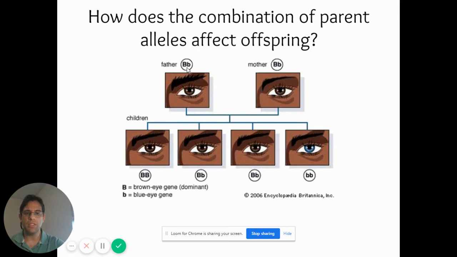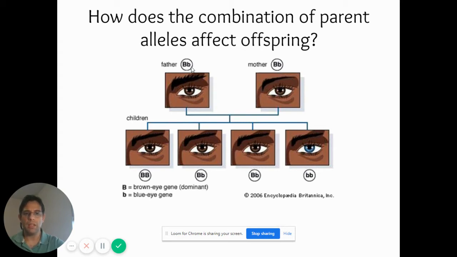This father can donate the uppercase B or the lowercase b. If dad donates the uppercase B and mom donates the uppercase B, we make upper B, upper B. If dad donates uppercase B and mom donates the lowercase b, we have upper B, lower b.